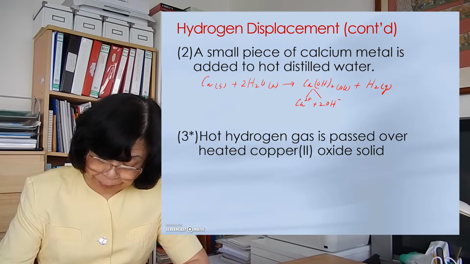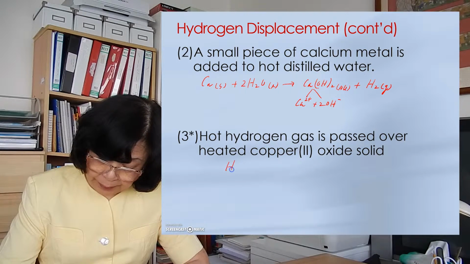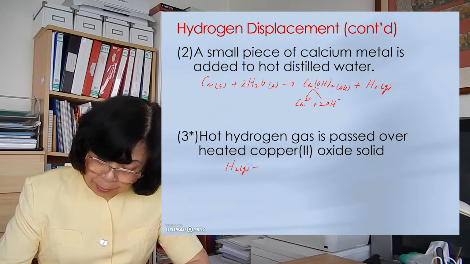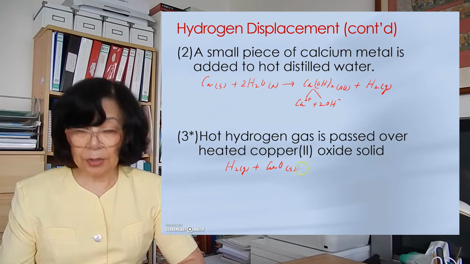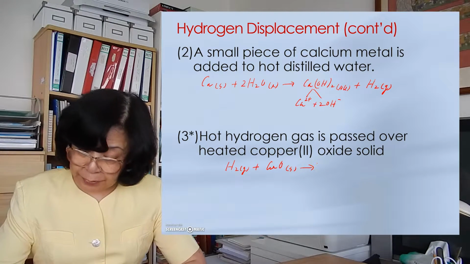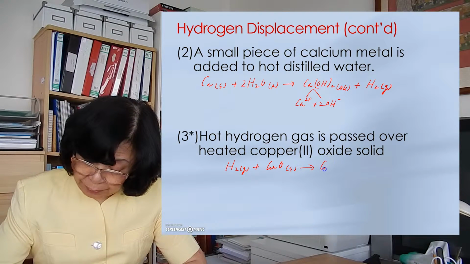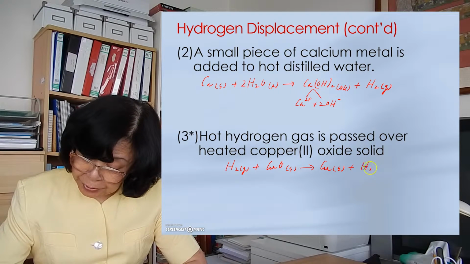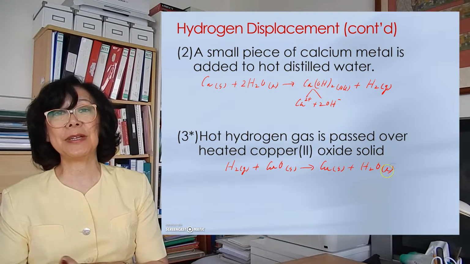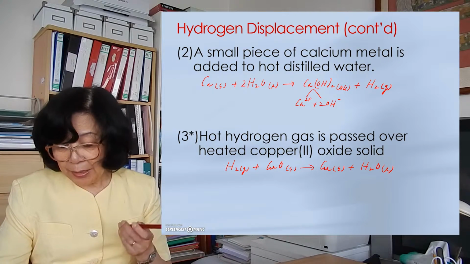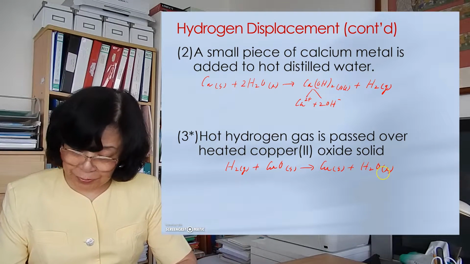So we take the hydrogen gas, pass it over copper(II) oxide solid, and the hydrogen will displace the copper out of the solid into copper metal, and water liquid is formed. And there's nothing to be cancelled because it does not involve ions in solution.